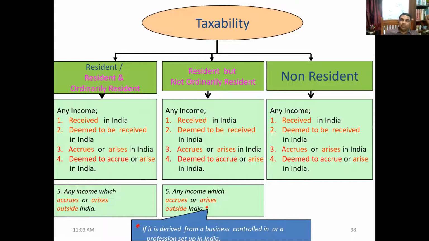But for resident and ordinarily resident, it is fully taxable. That is the reason that some kind of income is taxable to non-resident, some kind of income is taxable to resident but not ordinarily resident, and some kind of income is taxable to resident and ordinarily resident. Because of this, we had to classify the persons depending upon their residential status.